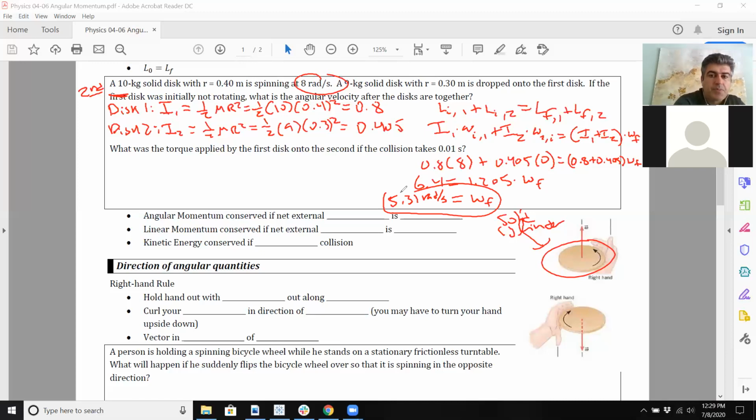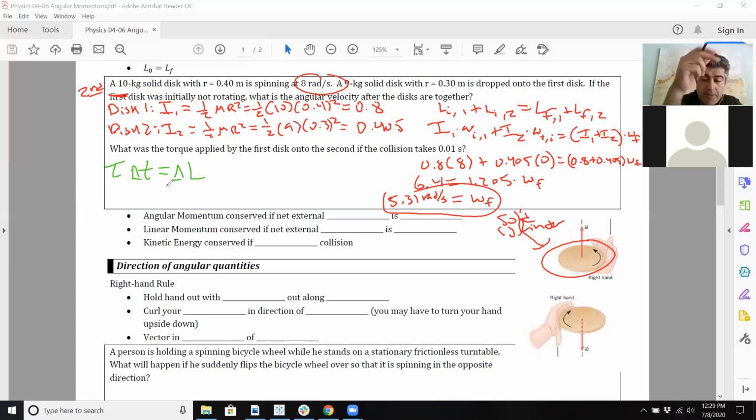Now remember, we talked about tau times t equals our angular momentum, or the change, actually, that's probably a better way of putting it.